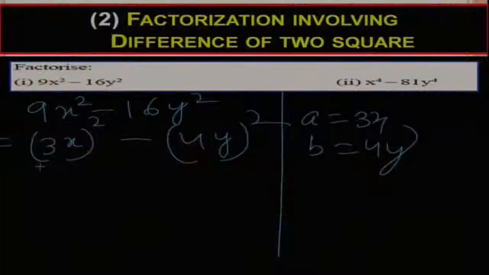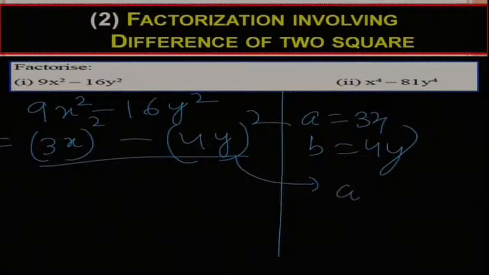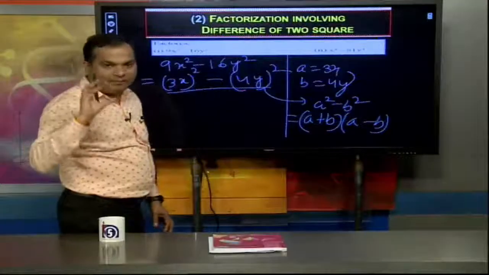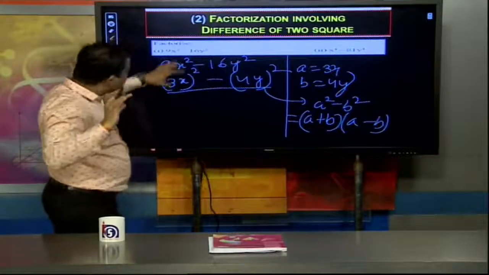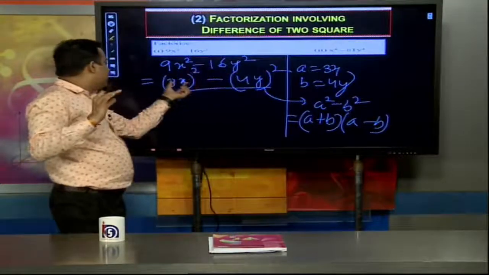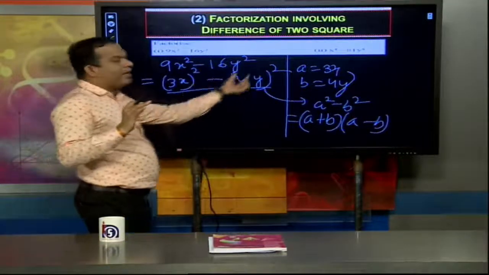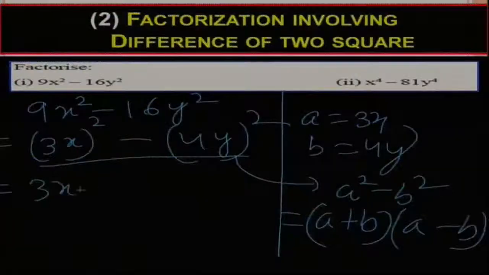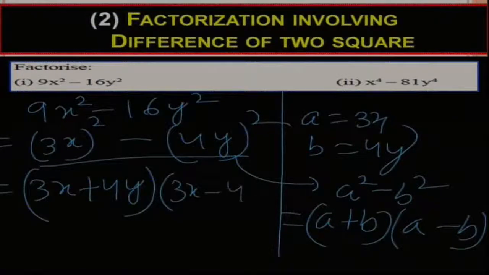Now, this expression represents a square minus b square. When talking about a square minus b square, its formula is a plus b into a minus b. By special products, we have already discussed the formula of a square minus b square, which equals a plus b into a minus b. Now, with 3x as a and 4y as b, I can write 3x plus 4y into 3x minus 4y.